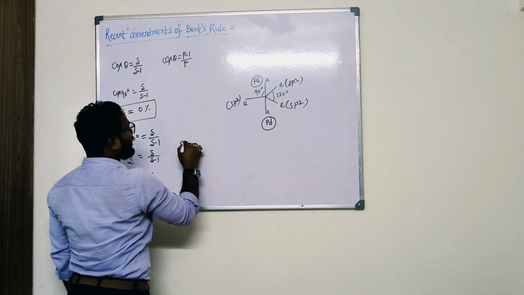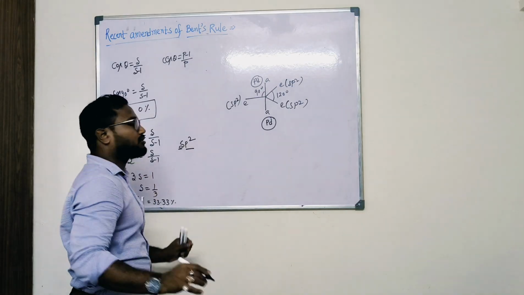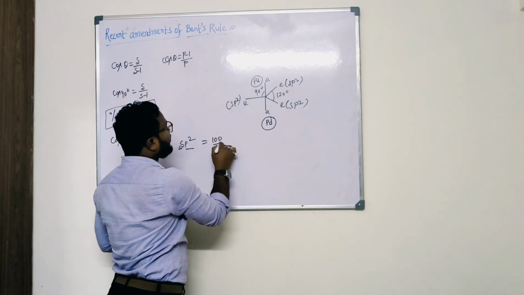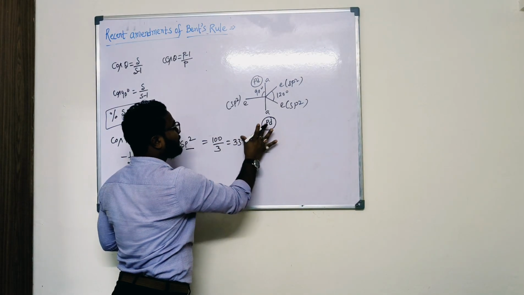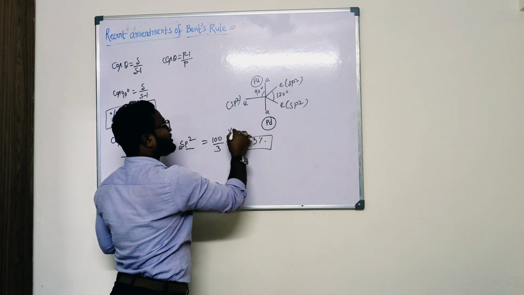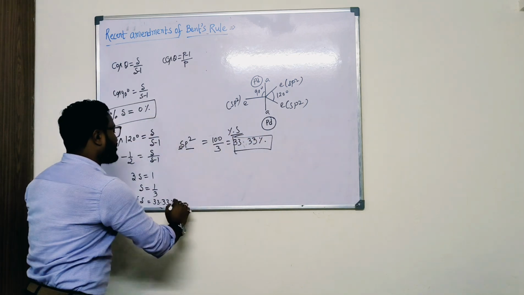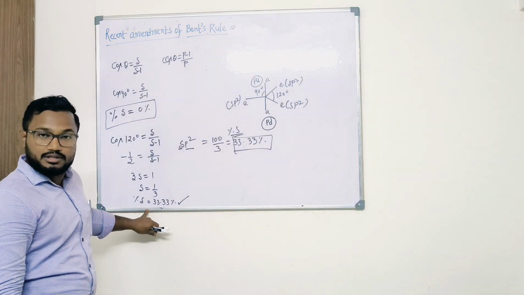In case of sp2, you can consider 1s, 2p, total 3. So 100 divided by 3 equals 33.33%, that is your percent s character. This derivation also proves that percent s character is 33.33%.